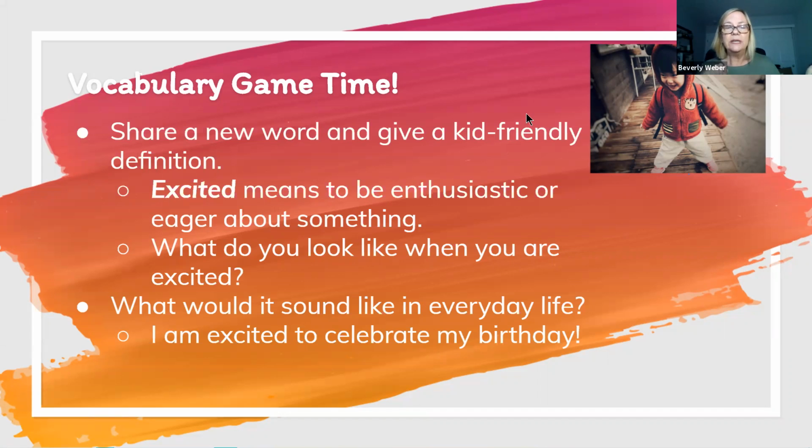If your child was learning about habitats in science, then your vocabulary game might sound something like this. Habitat is the environment in which a living creature lives.